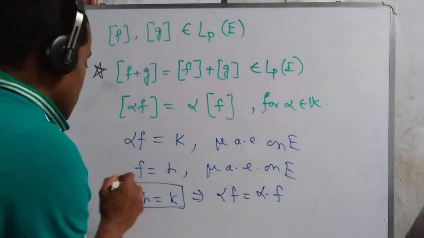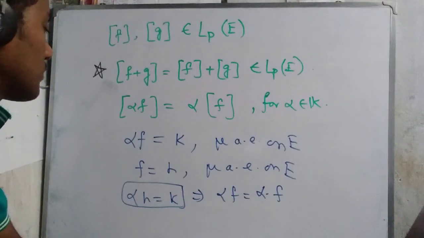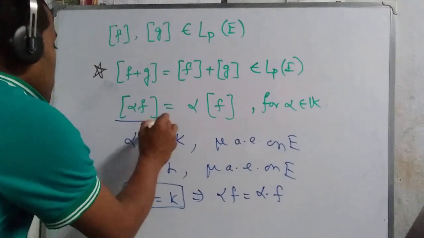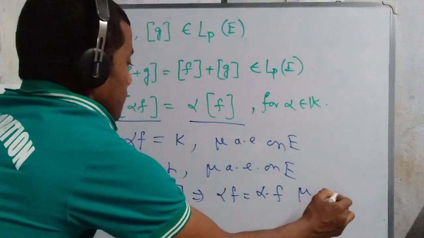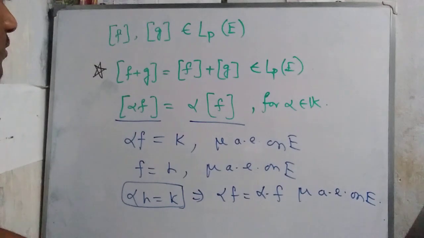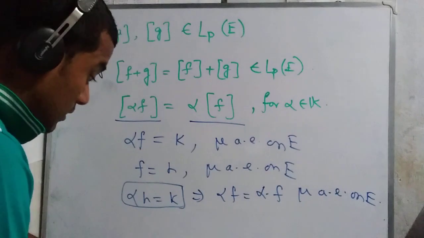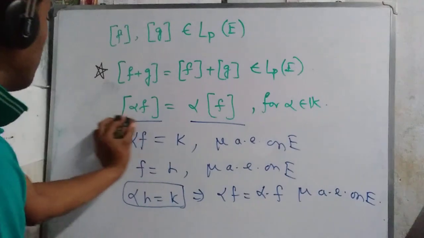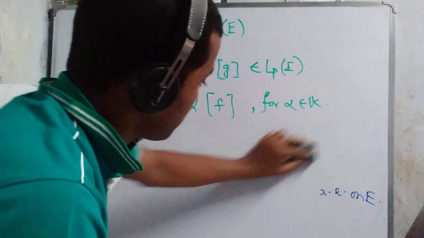Yes, that means this one. Okay, not a problem at all. So this one happened, then this one equal to this one mu almost everywhere on E. Now we go on to discussion of that. We erase that portion and go on to further discussion.